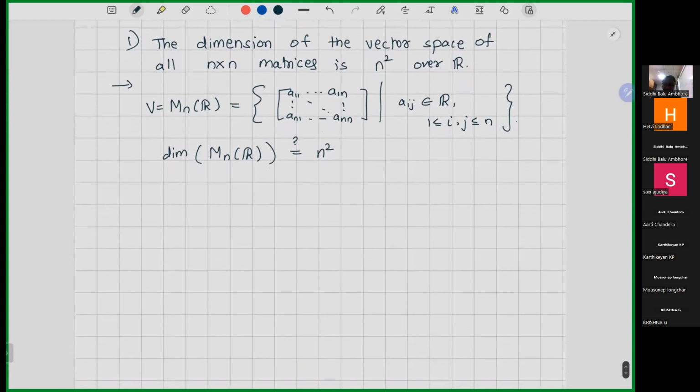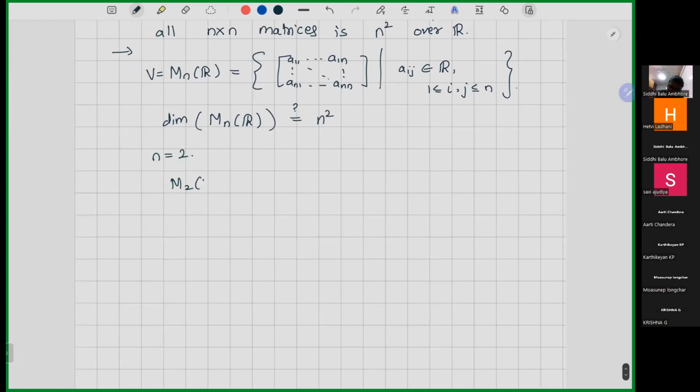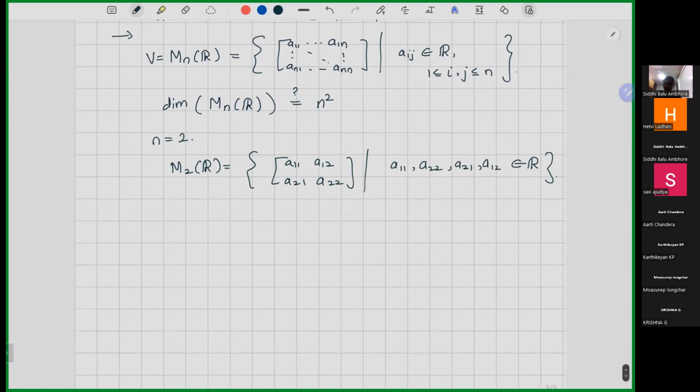Why is this false? Let us choose n to be 2. Then this vector space is the set of matrices with entries a11, a12, a21, a22, such that a11, a12, a21, a22 belong to R. And what is the dimension of this vector space?